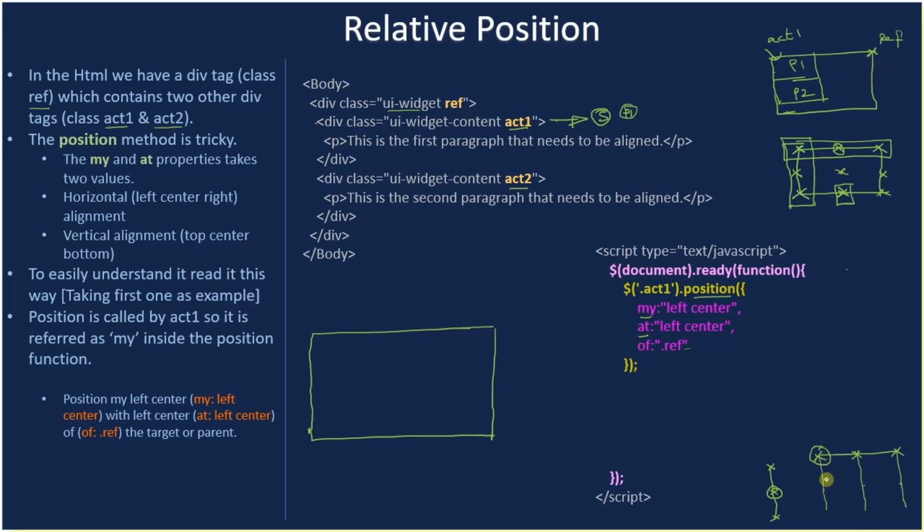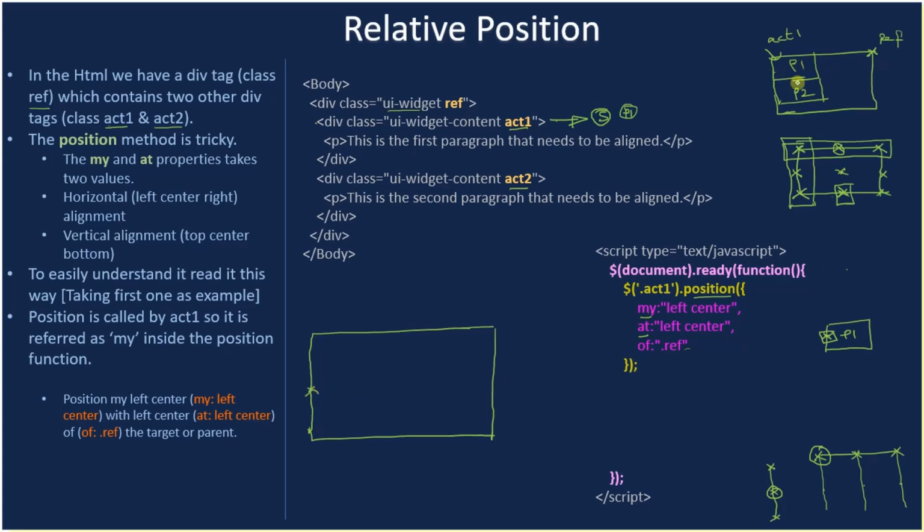So align my left center, that means here this is P1. If we take P1, this is the one we tagged. Align my left center with or at left center of ref. Ref means this parent. In the parent also we are picking left center, that means here.